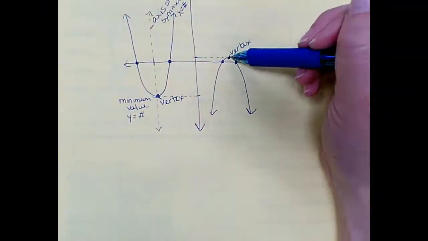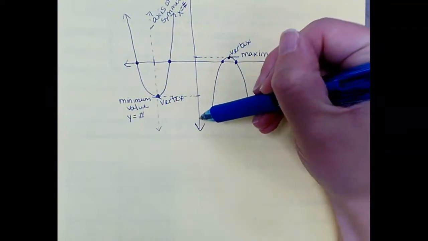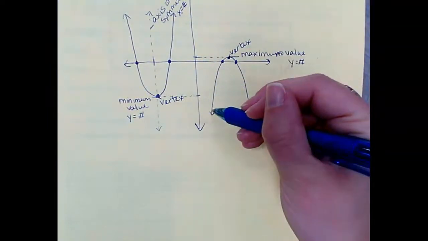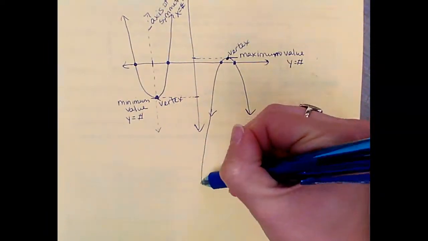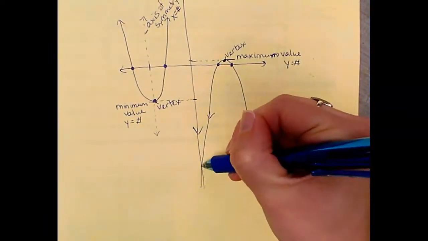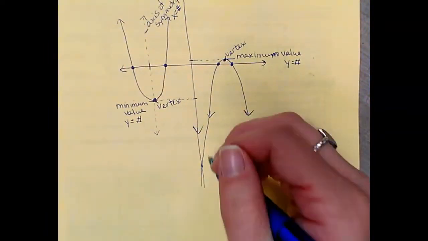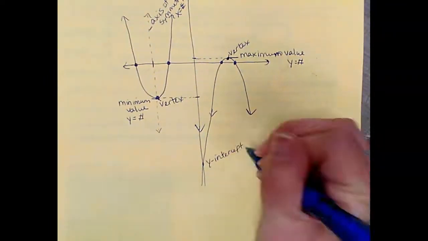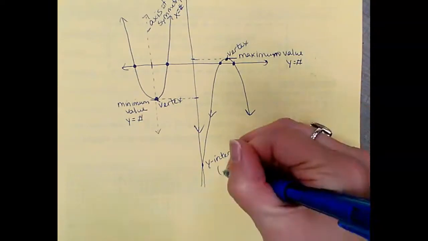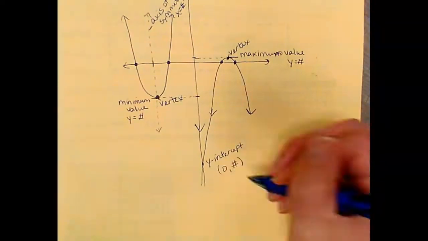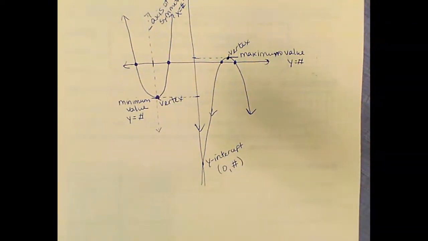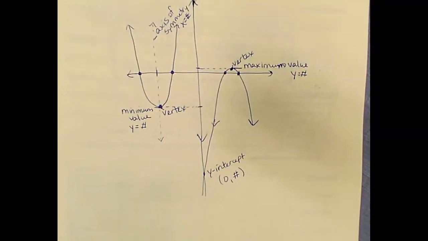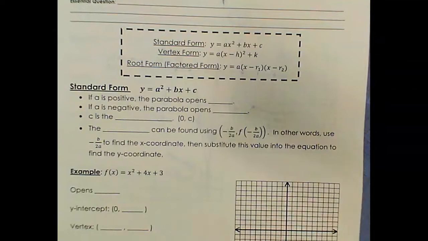I know that this parabola doesn't touch the y-axis right now, but if I were to continue drawing it down, it would cross somewhere down here, and that's the y-intercept. And you write it as (0, y value). So this is just a review of some of the basic key features that we have for quadratic functions.